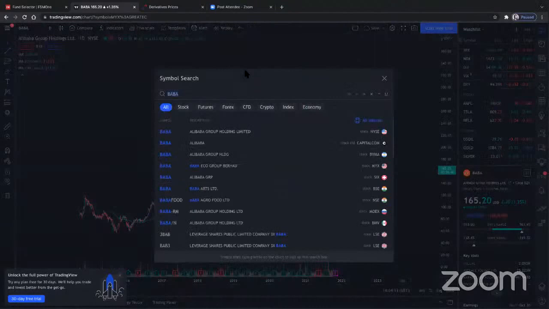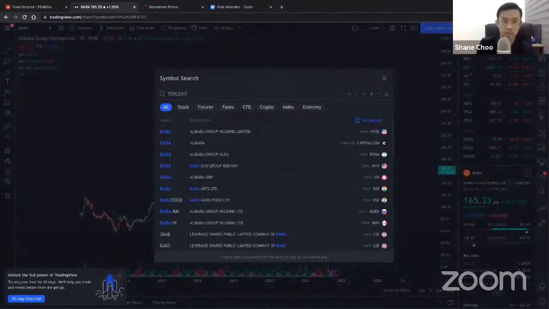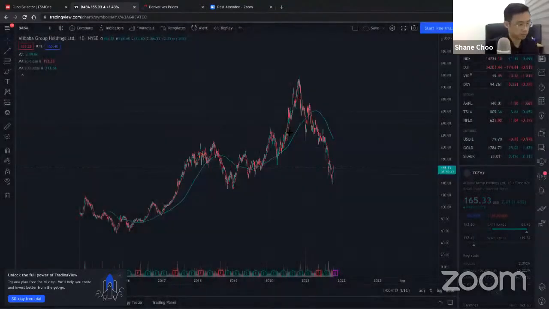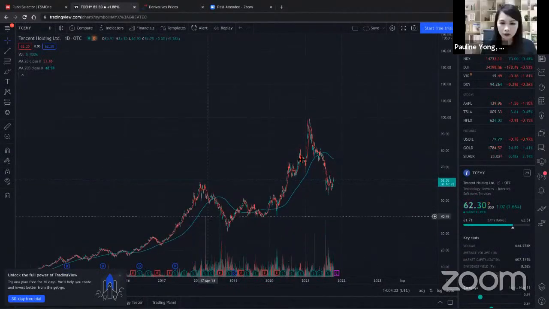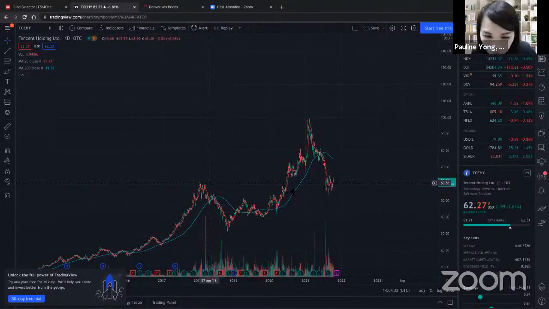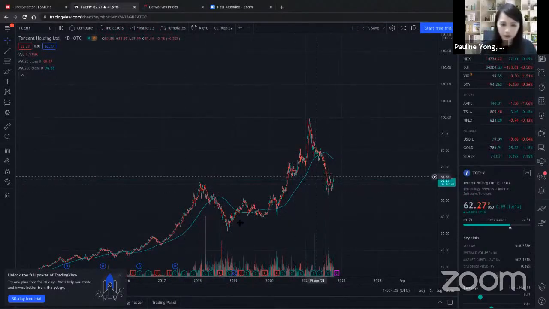MMSB, okay. Or Tencent first, Tencent. So for Tencent, it is below the 200-day moving average. And also we are looking at, okay, this one is over. And then I'm looking at 1.